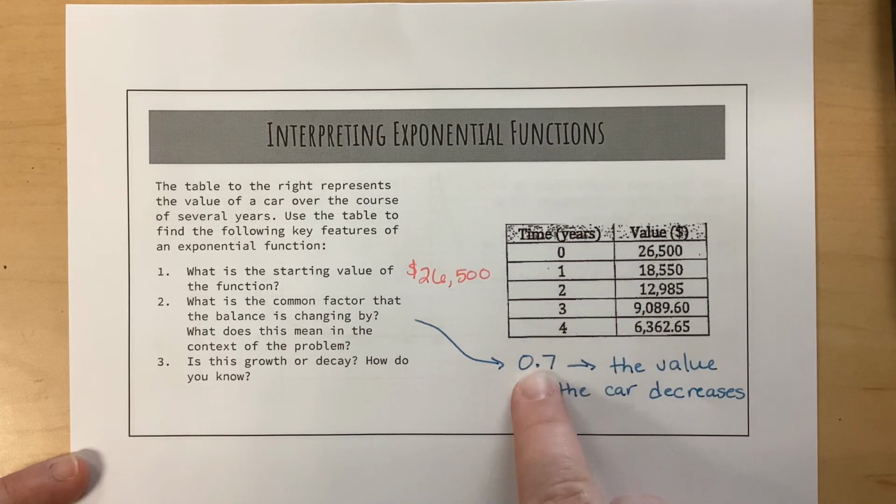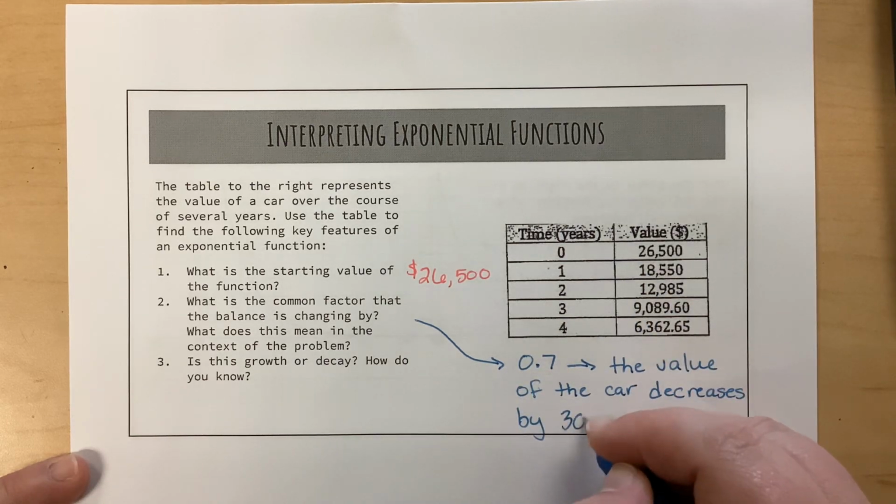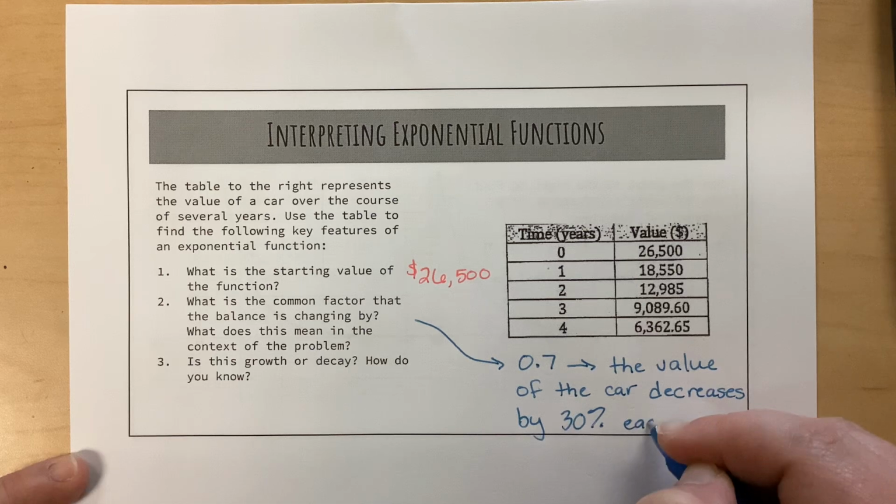So remember, it's 1 minus 0.7, because it would have been 1 minus a decimal to get to 0.7. So we have to figure out what that difference is. So it's 0.3, which is the same as 30% each year.